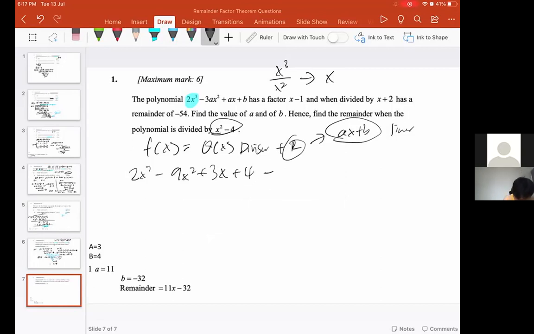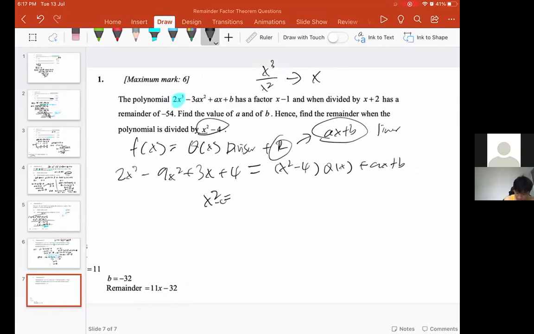Equals q(x), which is x squared minus 4 times q(x) plus ax plus b. All right, so x squared minus 4 equals 0, x squared equals 4, x equals plus minus 2. So we can substitute either one of those values. For simplicity's sake, I'll substitute x equals 2 because we won't have to deal with the negative signs.